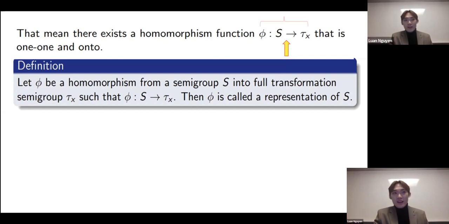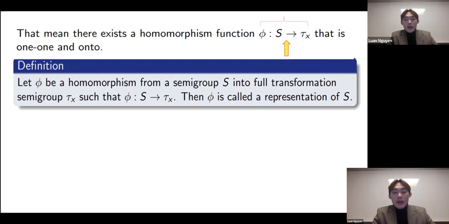So it is not necessary to say theta can be onto, because if it's onto, it should become a group. The semigroup can become a group, and then Cayley's theorem directly applies for the group, and for the semigroup it has nothing to do with it. So it's not necessary to say theta from S into tau S can be onto.